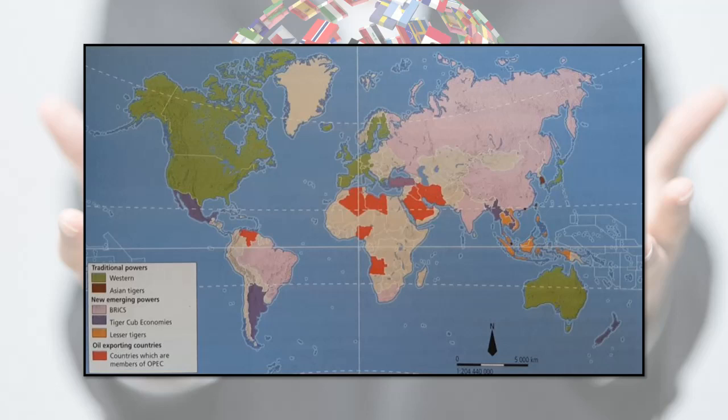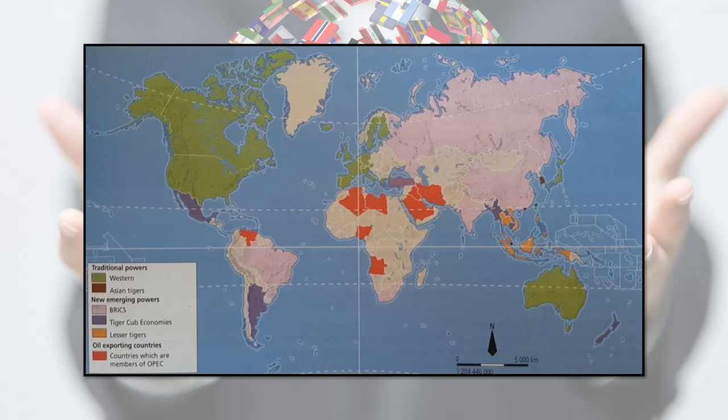Also, we have the big five of the emerging countries that have an economy which is rapidly growing, the BRICS, which is an acronym for Brazil, Russia, India, China, and South Africa. These five countries are the leaders of the middle countries, the countries that are emerging, that have very competitive economies but cannot compete yet with the developed countries. And these are the five most important ones.